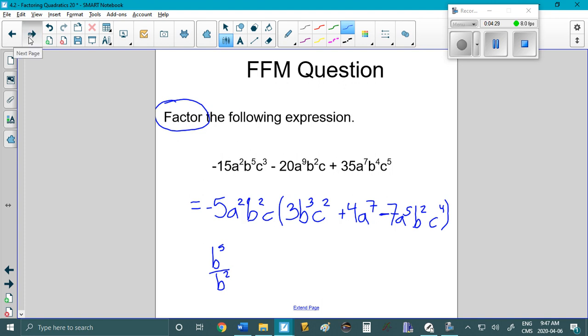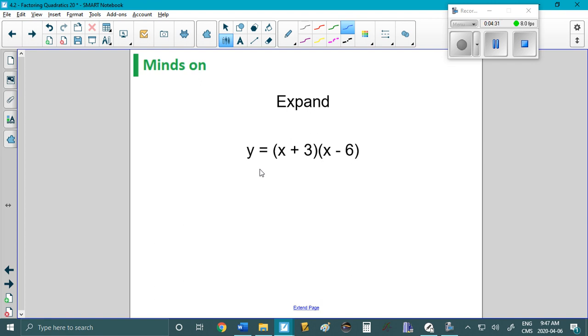Okay, next one. This is not on your handout. The next slide will line up with the handout that I posted, but this is just an aside, a bit of a recap. You're asked to expand here. You might remember that means to FOIL.